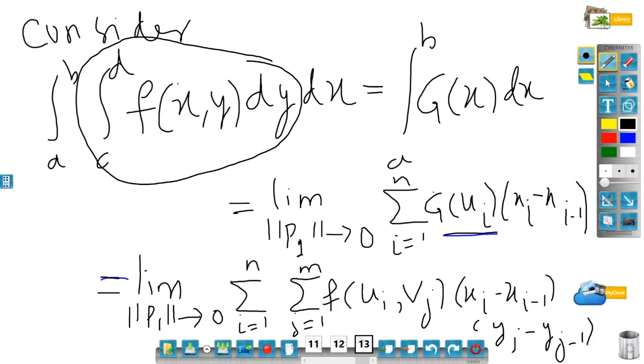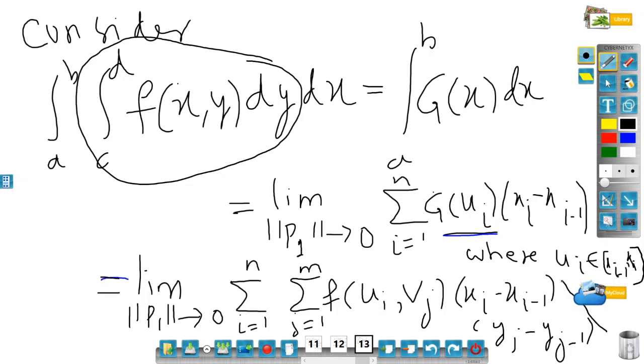By the way, I have not mentioned where ui belongs. Note that ui belongs to xi minus 1 comma xi. Similarly, vj belongs to yj minus 1 comma yj.